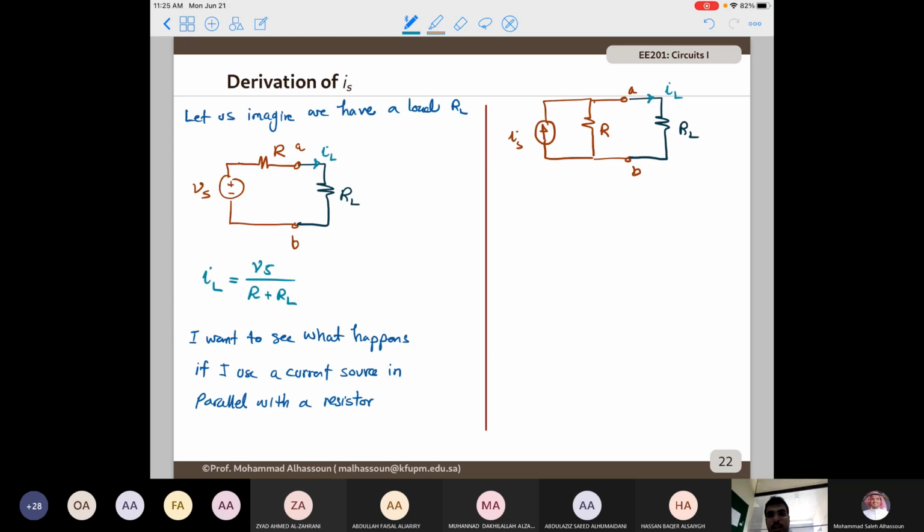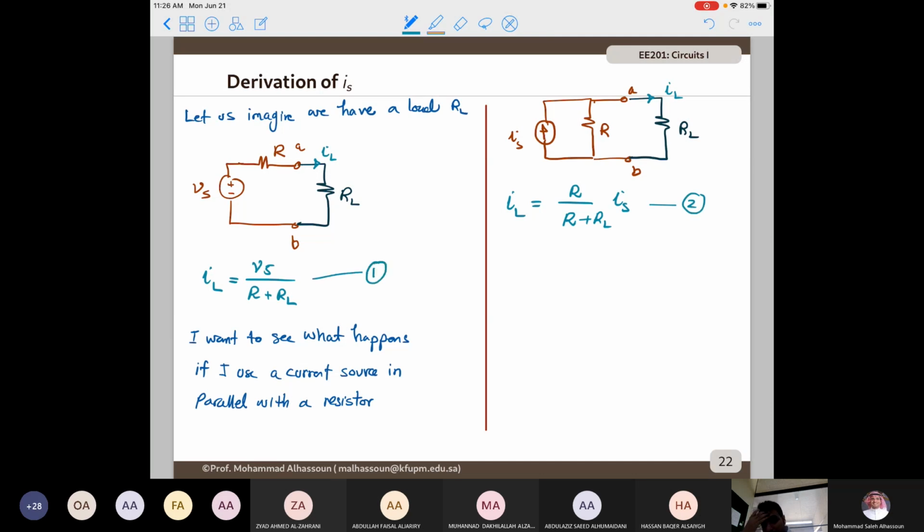In order to find IL here, it is simply the current divider law. So IL equals R divided by R plus RL times Is. Let me call this one 2, this one 1.